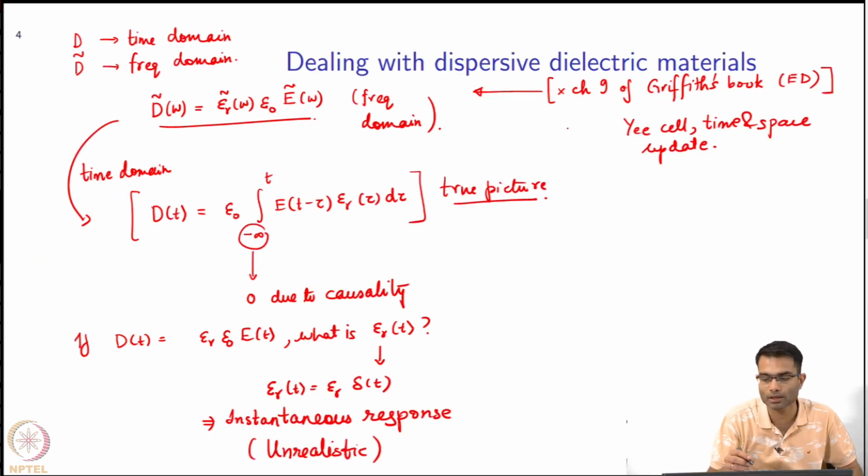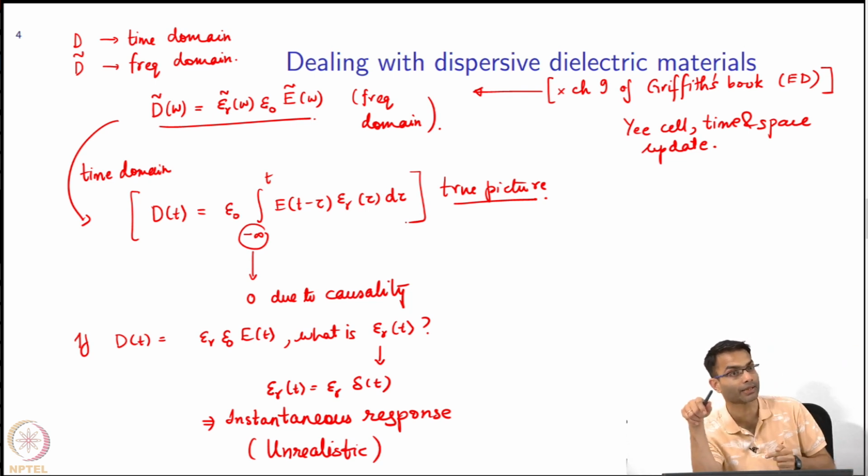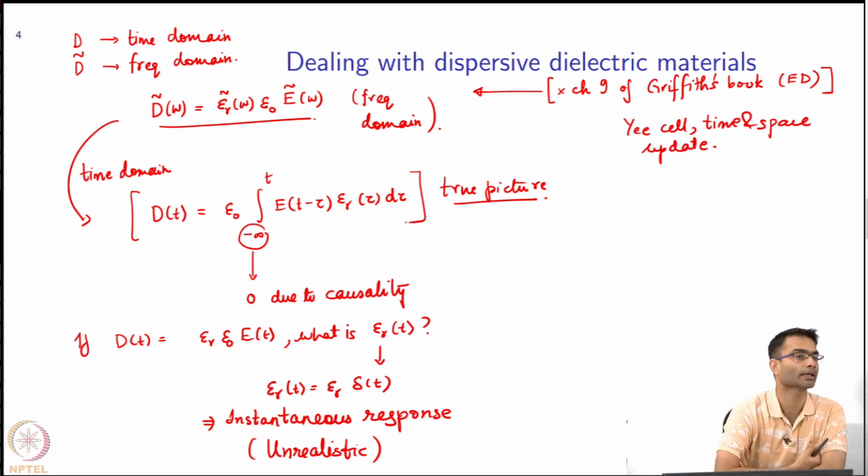However, does this now tell you something else? If I were to just discretize this equation over here, tau is going from 0 to t. So if I want D at a certain time t, I need the electric field not only at that time instant, but I need the entire history. Otherwise, how will I calculate D at that time instant?